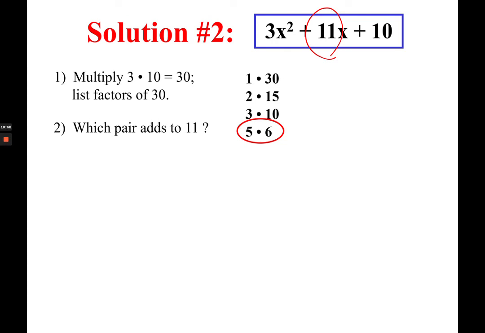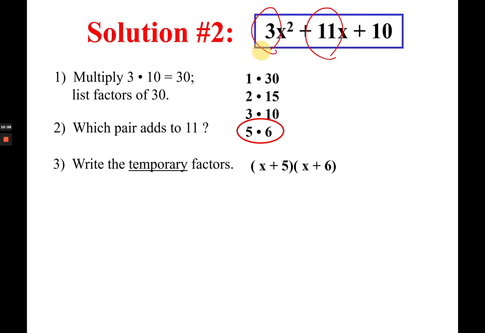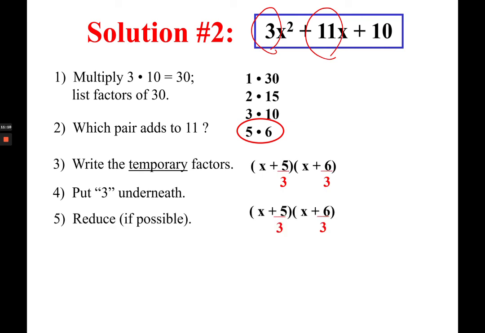And then they will be your temporary factors. And then you're going to write your leading coefficient under the temporary factors. Put 3 under the temporary factors and then simplify if possible, whichever is possible. So it's only possible on the second, this becomes 2, since 6 divided by 3 is 2.